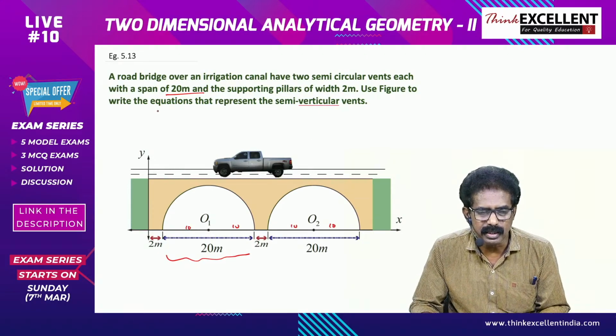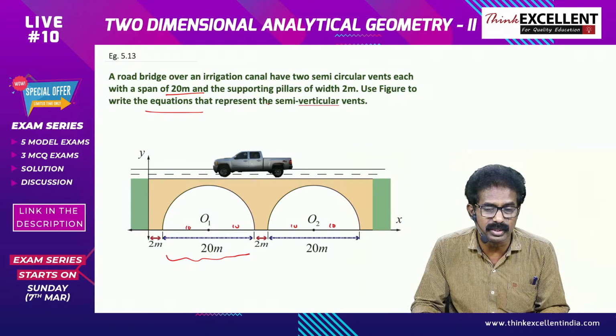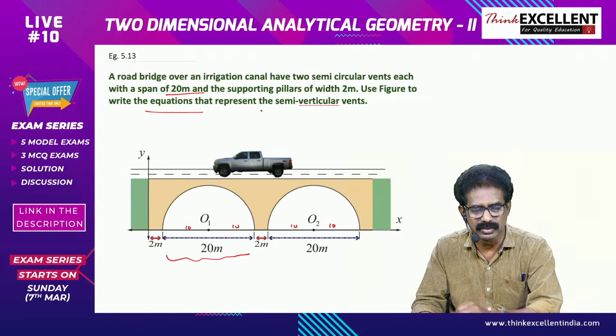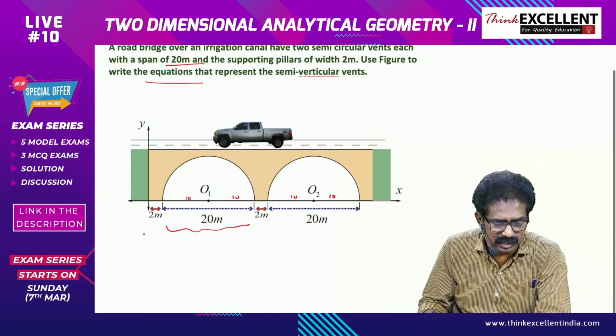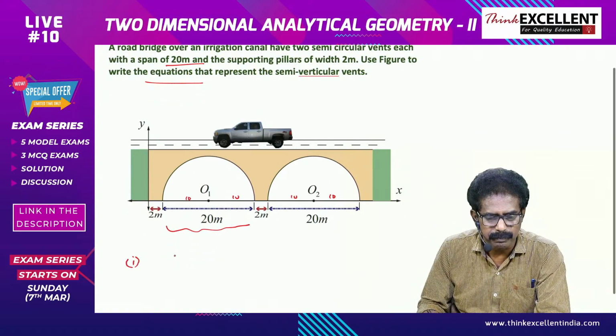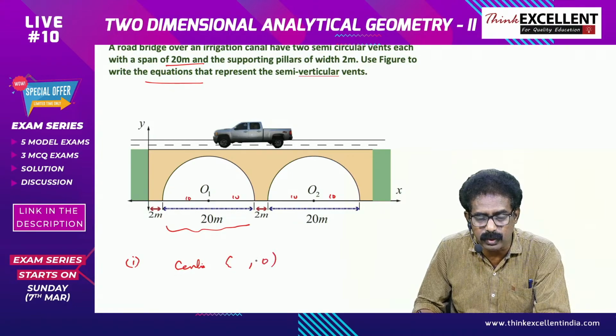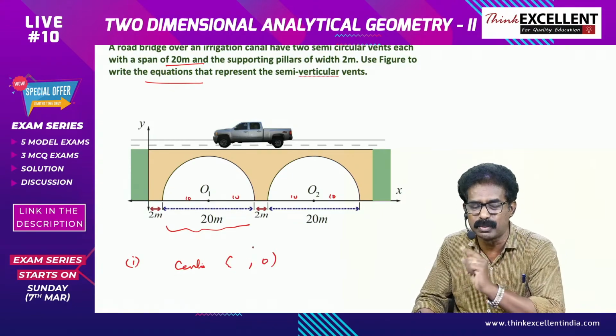Now what have they asked? Write the equation of both semicircles. So please listen. For the first circle, what is the center? The center lies on the x-axis, so definitely its y coordinate is 0.